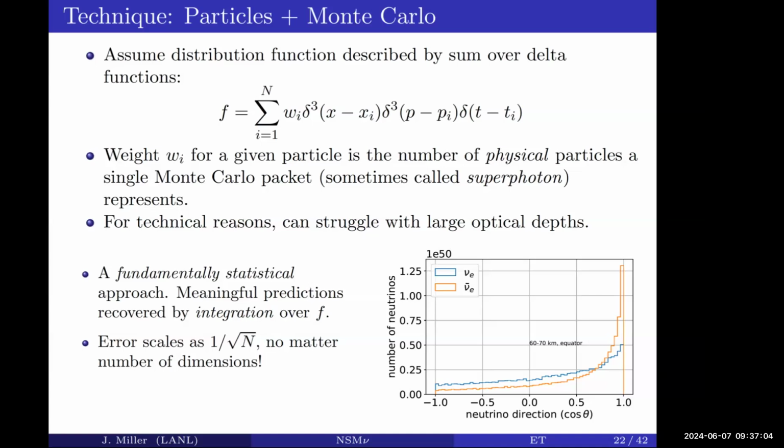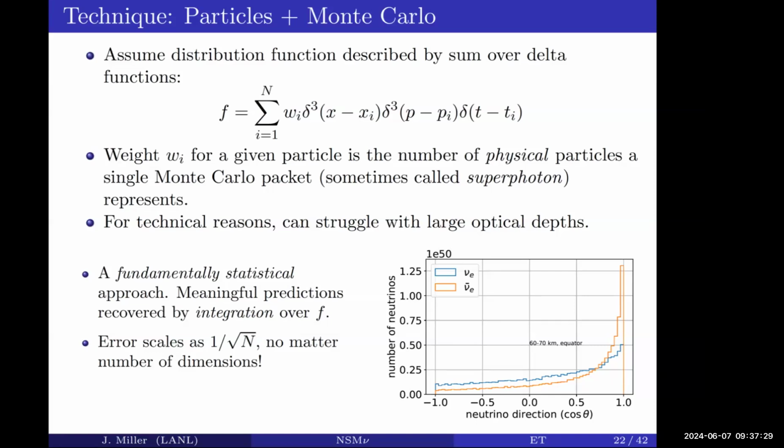So yeah, the way Monte Carlo works is you assume that your distribution function, which is another way of representing that intensity field I was describing before, is essentially a collection of delta functions. And these delta functions represent particles. The weight here is important. It's the statistical weight in treating this physical method, and it has physical meaning.